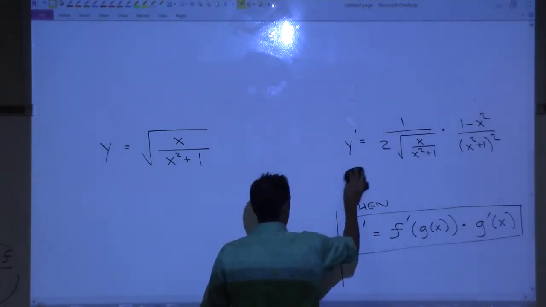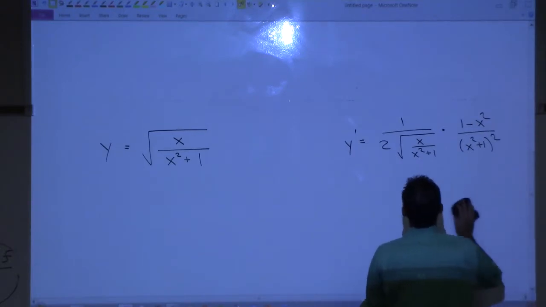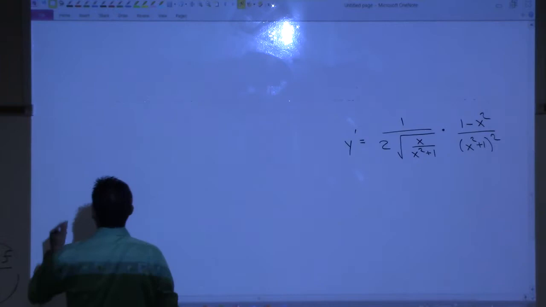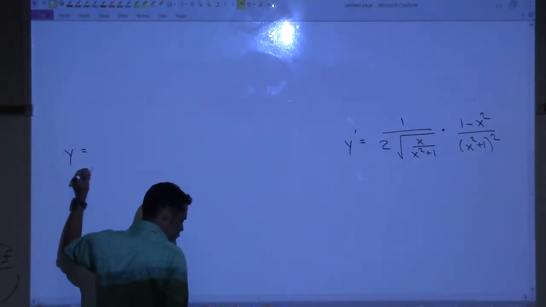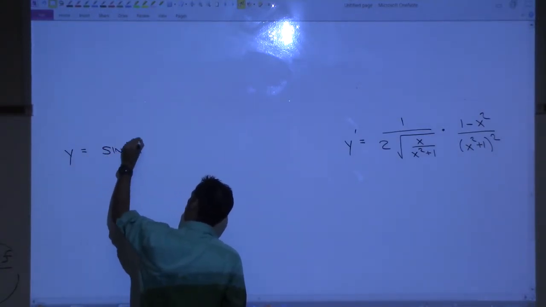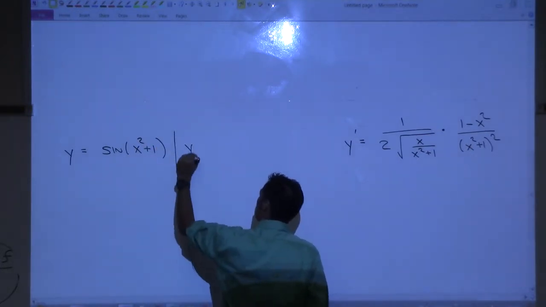Now, I'm contemplating something right now. The first example I gave you was y equals sine of x squared plus 1. Was that the first one we did? Okay, what was the second example I gave you?